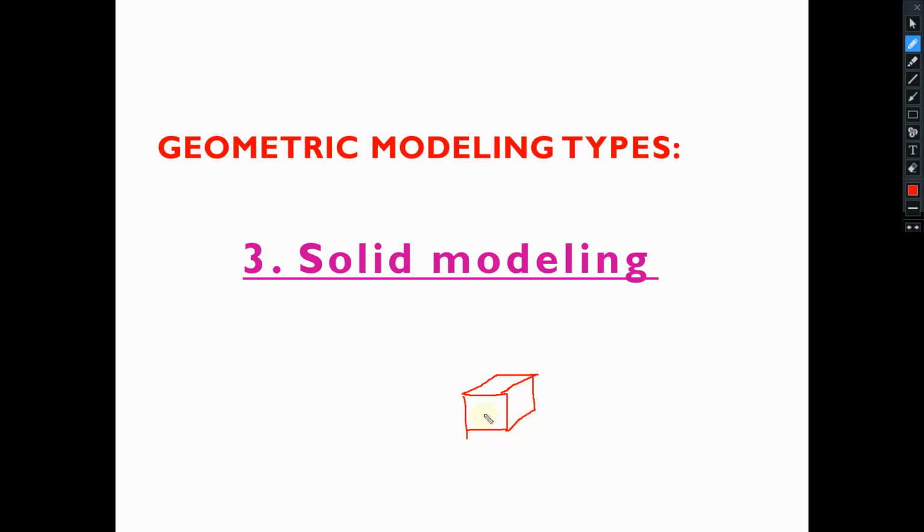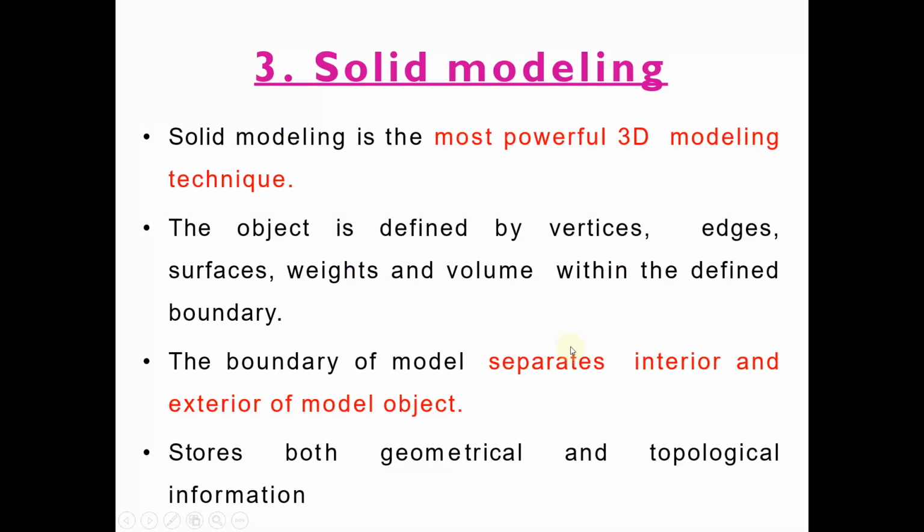So a solid model will show all the corners, edges and surfaces. Whenever we create a solid model, it will be created as a complete three-dimensional solid model. So it won't be hollow, the material will be present on the inside also.